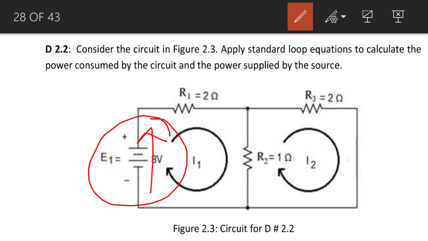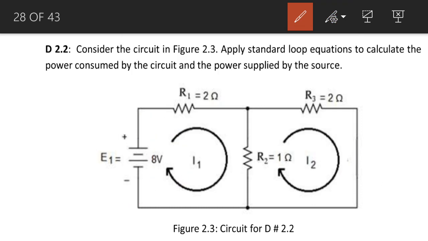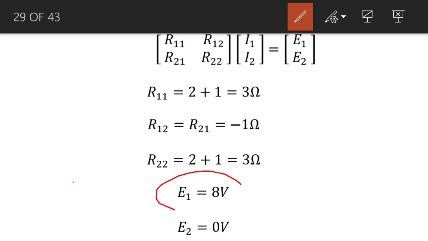So there will be a plus sign with this voltage, and there is no voltage source in loop number 2. So E1 will be equal to 8 volt and E2 will be equal to 0.